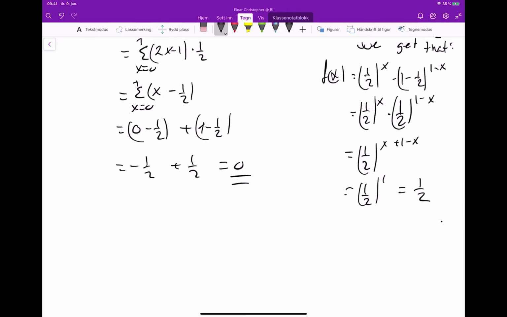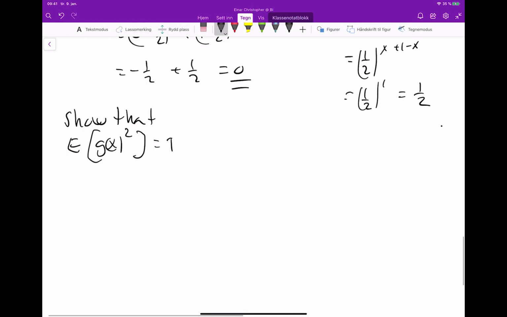And then we can do the last task in exercise 1, which is to show that the expectation of g of x to the power of 2 is equal 1. Okay. Remember, f of x is 1/2 still.